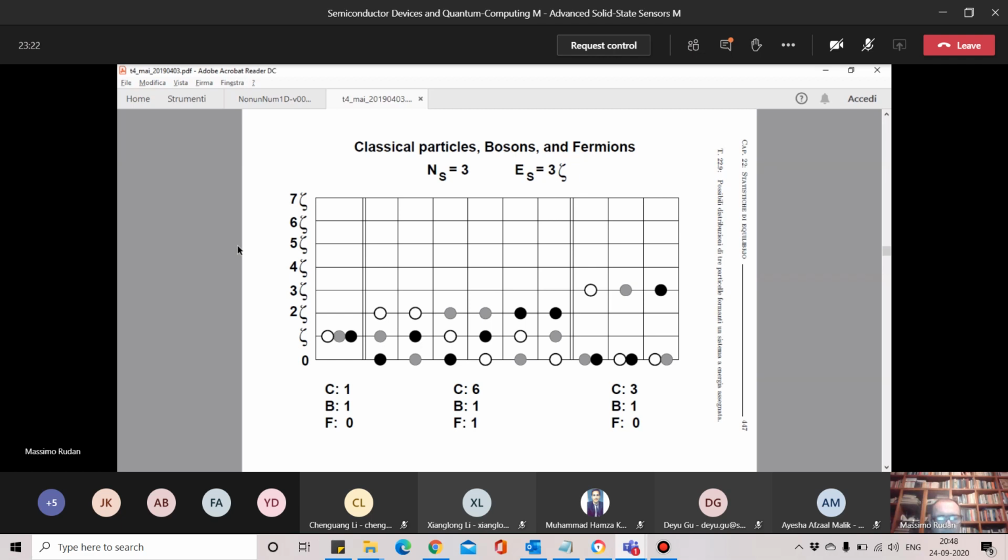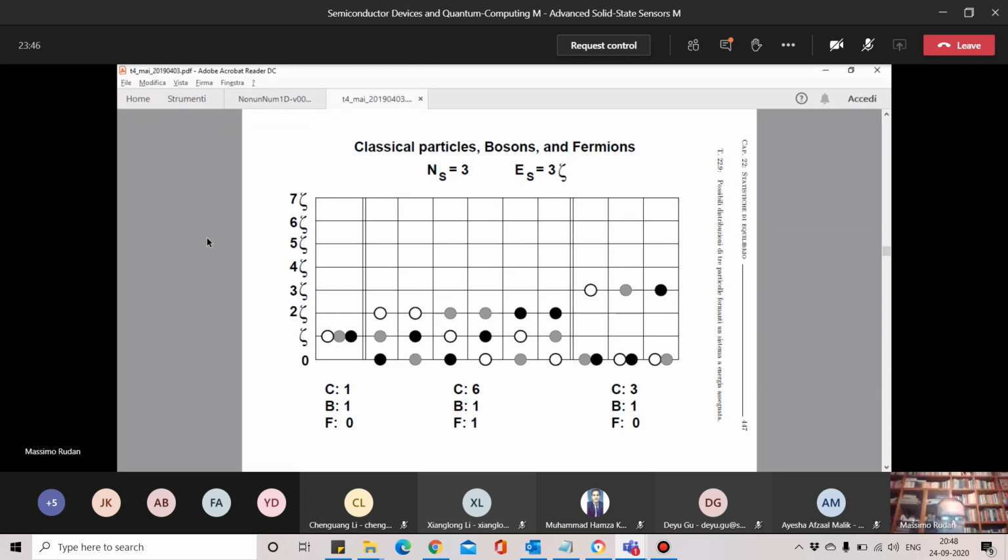In this figure, I'm considering the problem of placing particles into energy states. For simplicity, there are just 3 particles. The energy states are quantized and equally spaced.